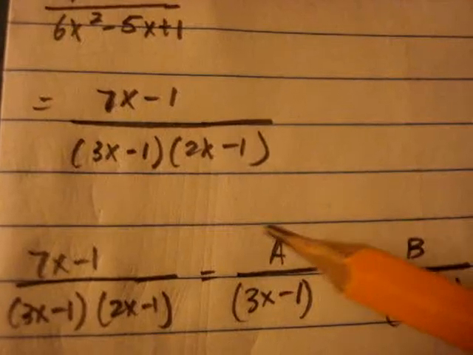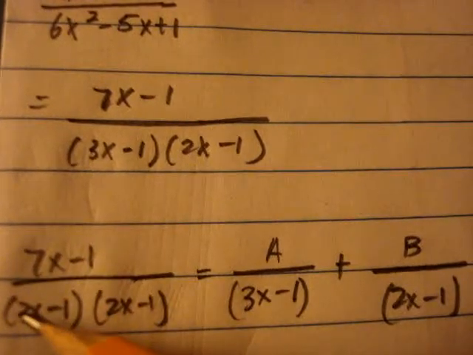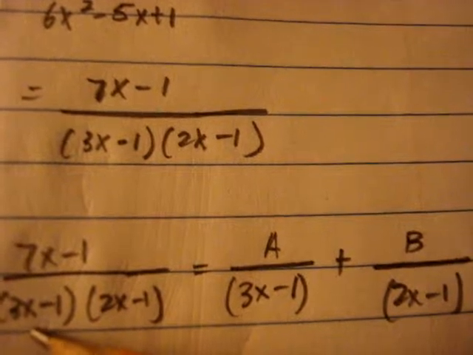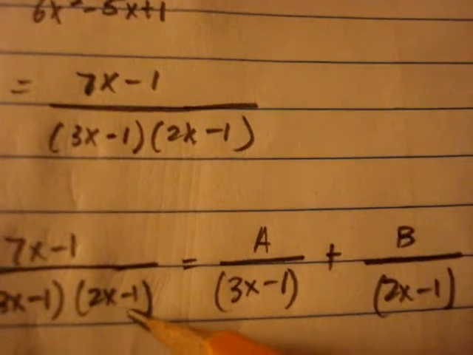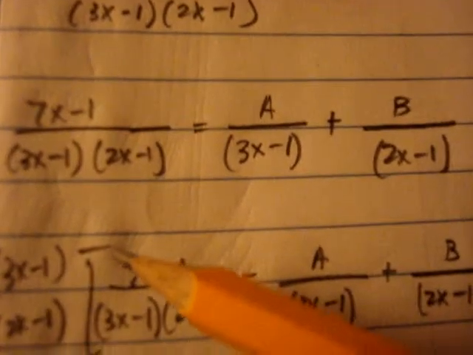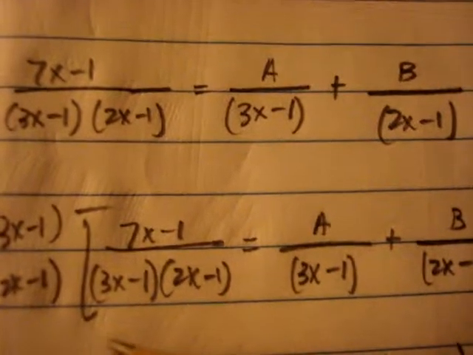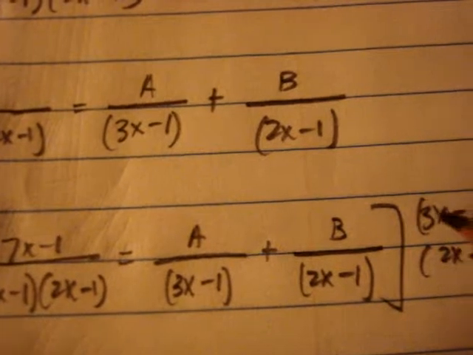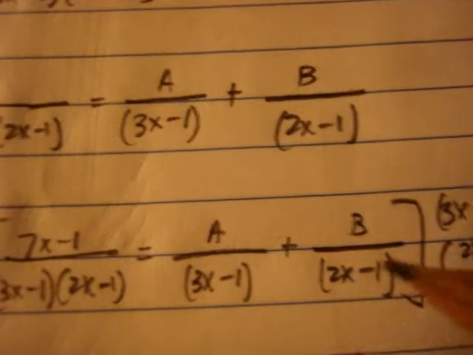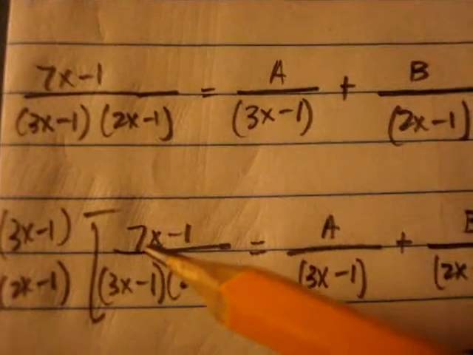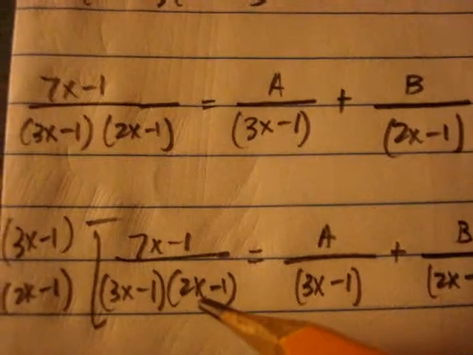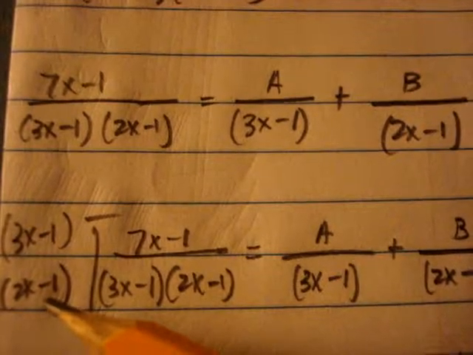Once you have that, you need to multiply both sides by the common denominator, which is 3x minus 1 and 2x minus 1. So you write out the brackets on the left-hand side and on the right-hand side, and this is the common denominator. For this one, the 3x minus 1 will cancel, and the 2x minus 1 will cancel with this one.